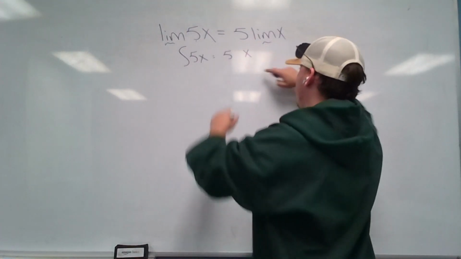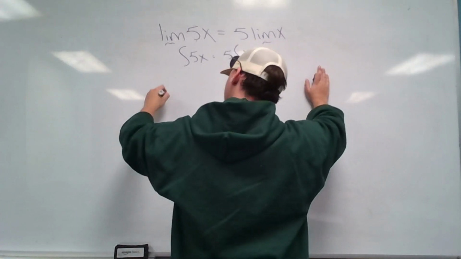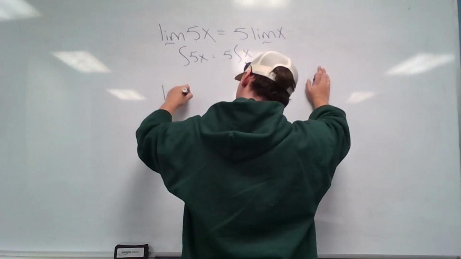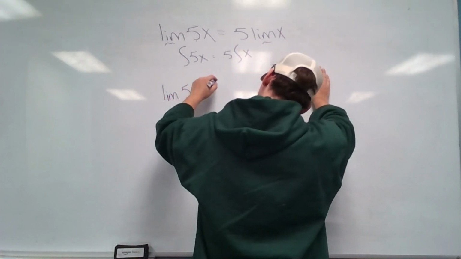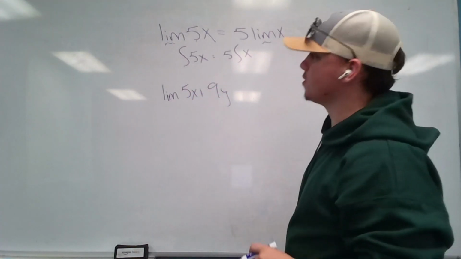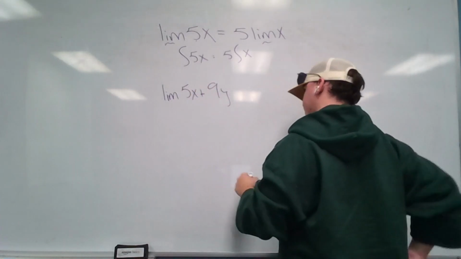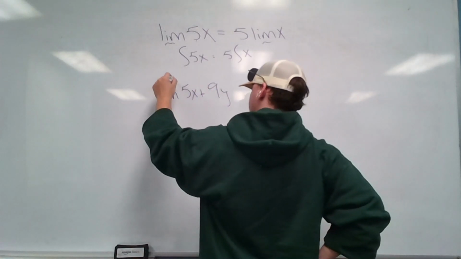Let's talk about the second property. Say you have 5x plus 9y. They're just different variables for simplicity's sake, so you can get the idea. And of course, we can interchange lim for integral.